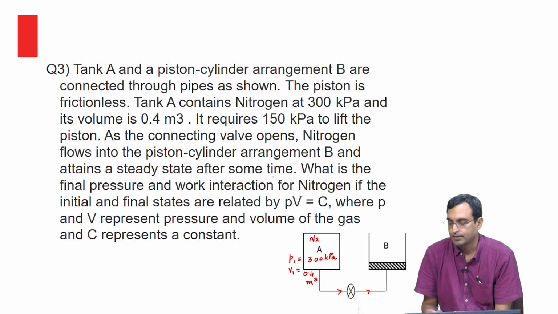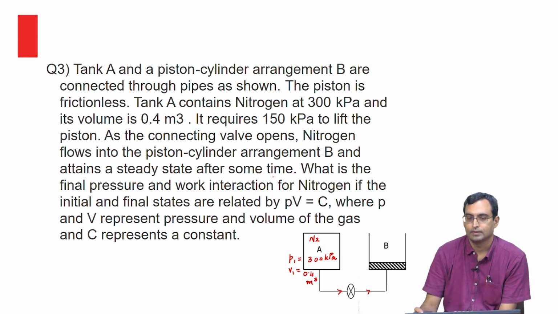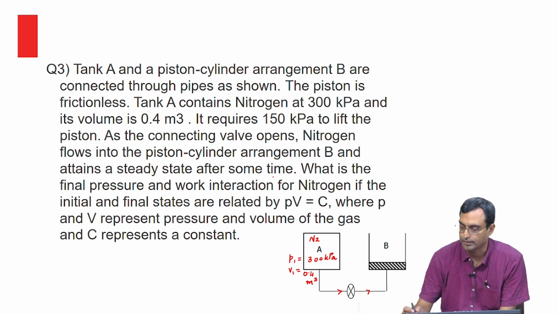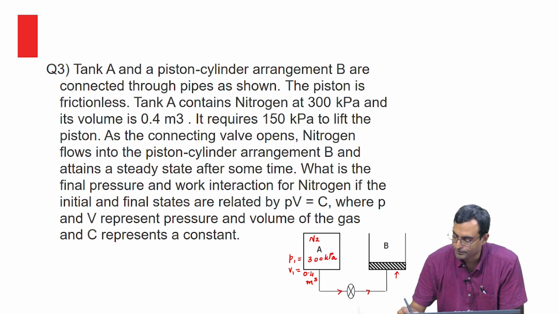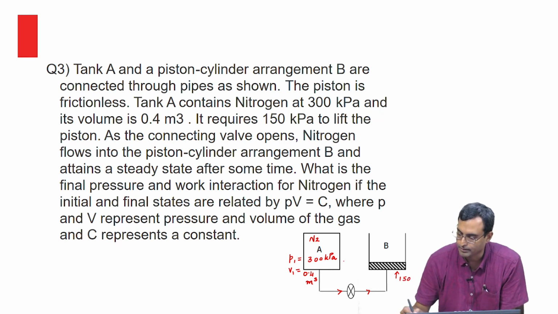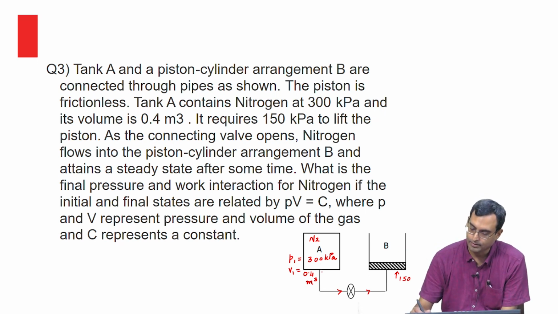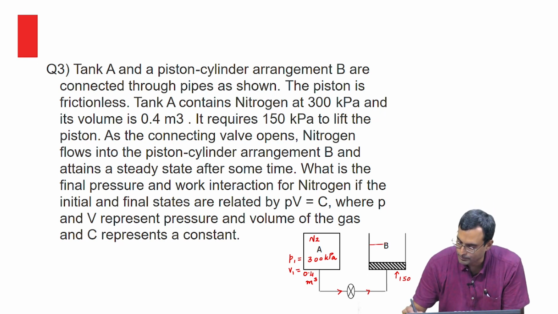So, what we expect is, if I open this valve slowly, then nitrogen will slowly flow in this pipe. It will try to push this piston up. Pressure here is 300 kilopascal. This will move up if the pressure is more than 150. Right now it is 300, so this will move up. As this keeps moving up, the volume increases because finally the piston is going to come somewhere like, let us say here.